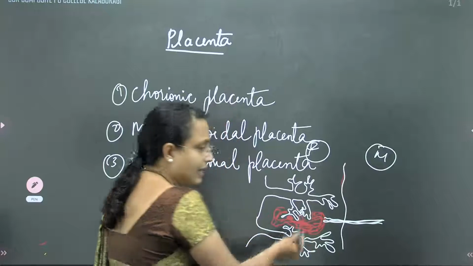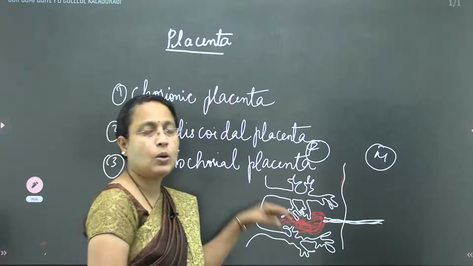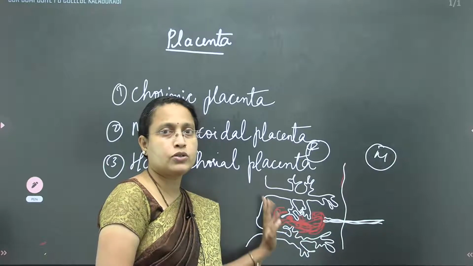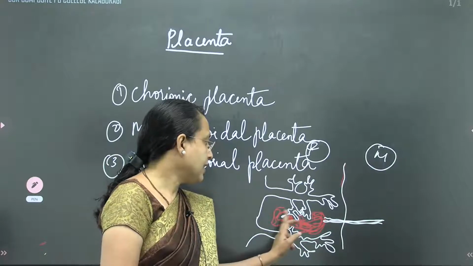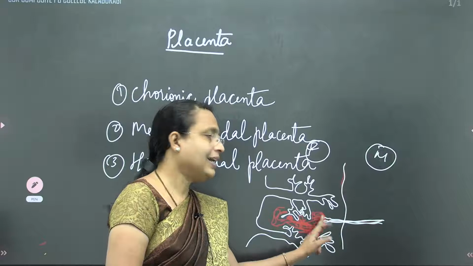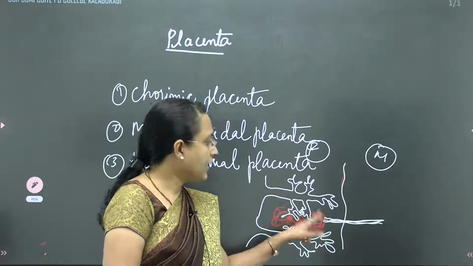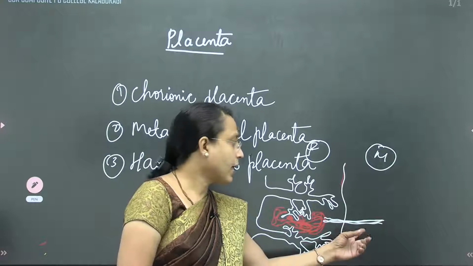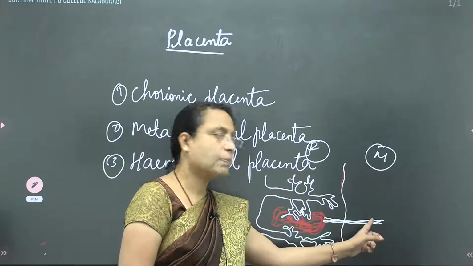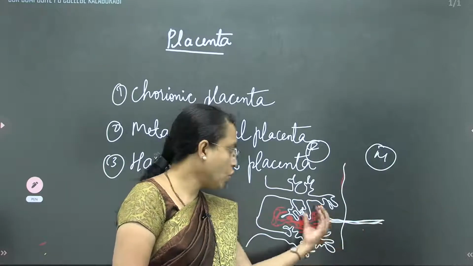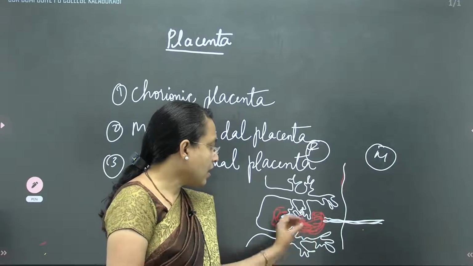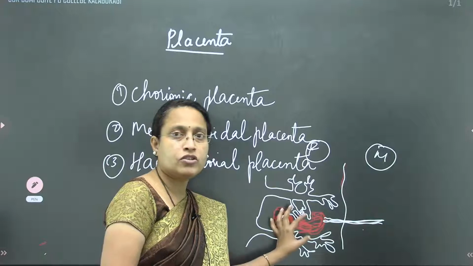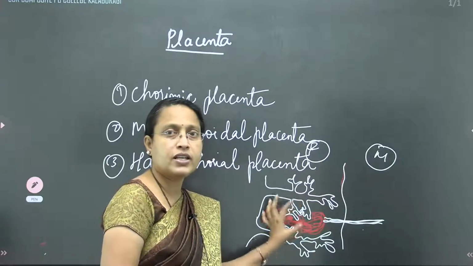Similarly, these are called intervillar spaces. Okay, so these are the sinuses or the spaces present between the two placental villi. Into this intervillar space, what is going to open is the capillaries of the maternal decidua, and therefore the blood flows into this sinus or space, intervillar space.